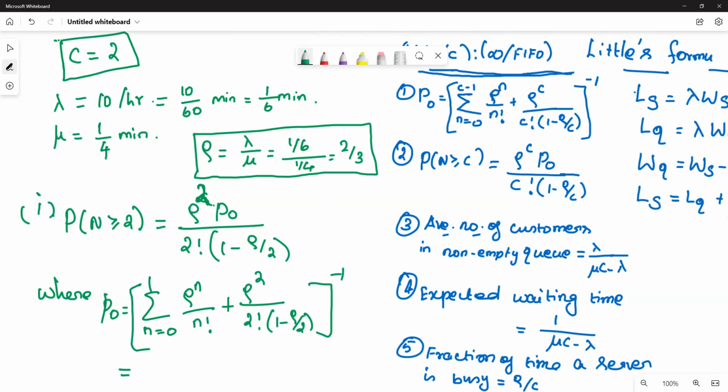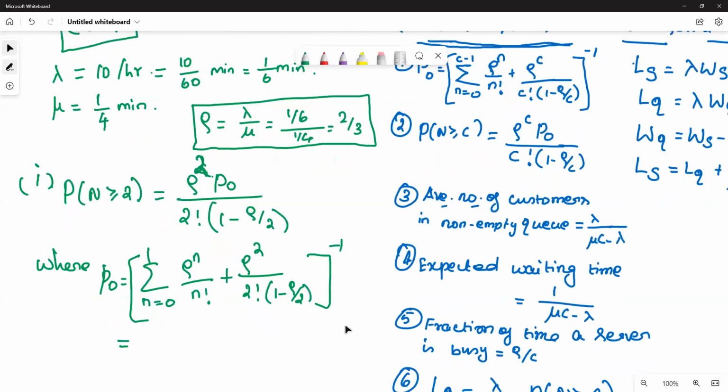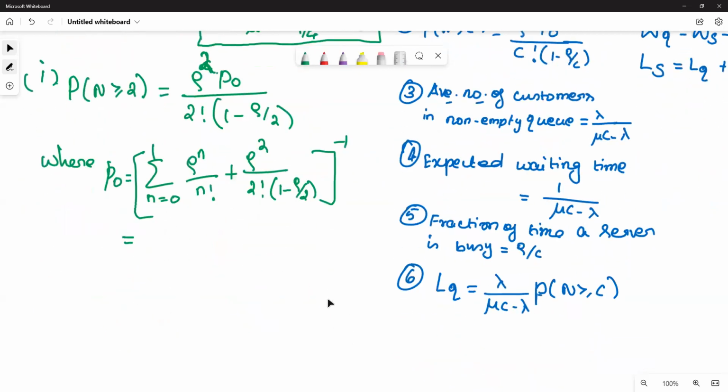So what is rho? We have calculated rho as 2 by 3. We substitute the value of rho here. Summation n is equal to 0 to 1. First we take n is equal to 0: (2/3)^0 is 1, divided by 0 factorial is 1.